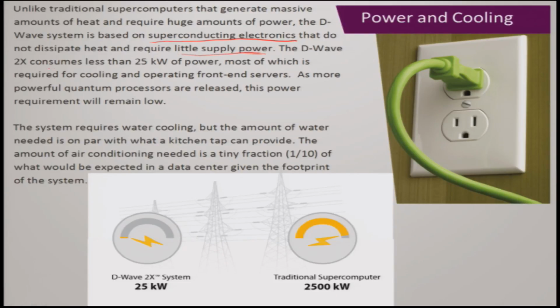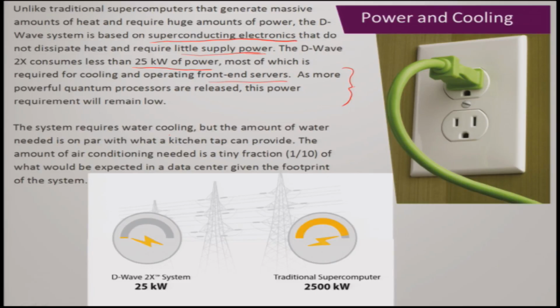The DWave 2X consumes less than 25 kilowatts of power, most of which is required for cooling and operating front end servers. As more powerful quantum processors are released, this power requirement will remain low. So, this is one of their claims, and they have been managing to do that, which is very important, because otherwise the power requirement can create other issues which they are trying to avoid.